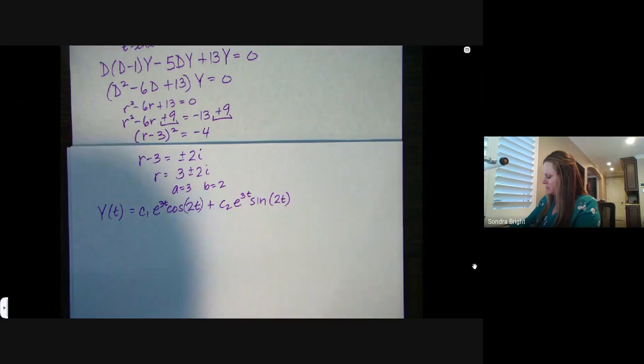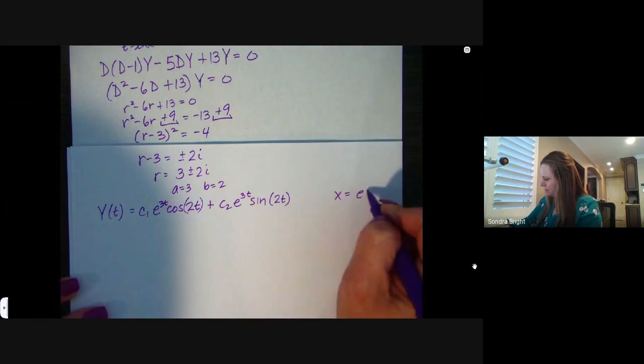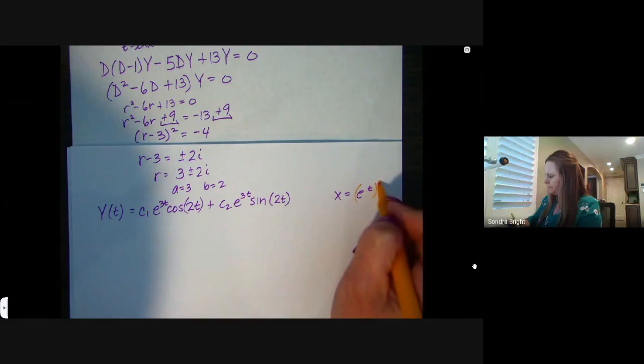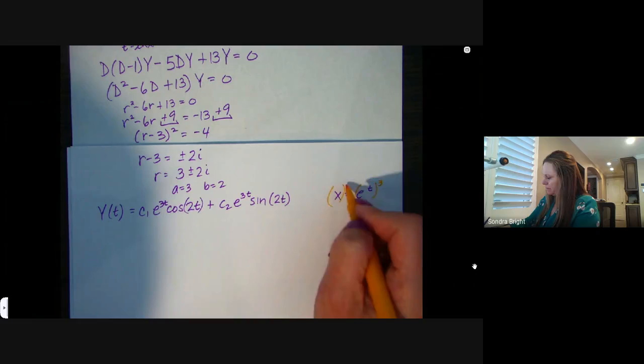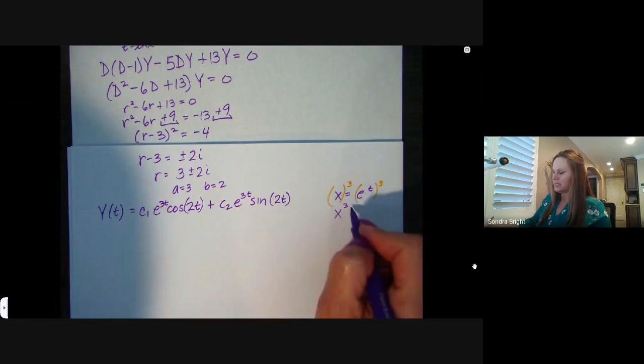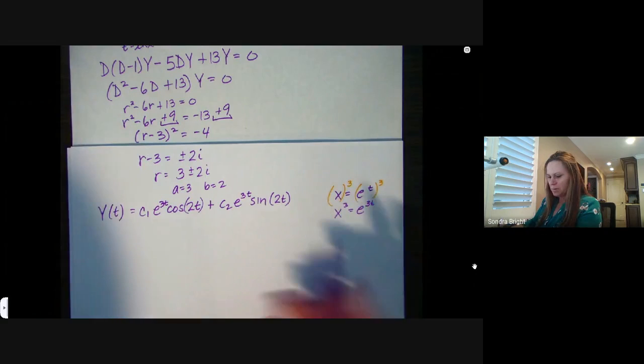I've got x was equal to e to the t, so that means to get e to the 3t, you'd have to cube both sides. So e to the 3t will be x cubed. And so now you've got little y as a function of x.